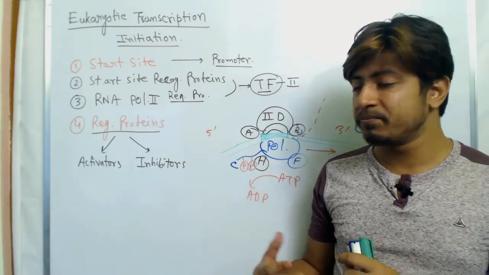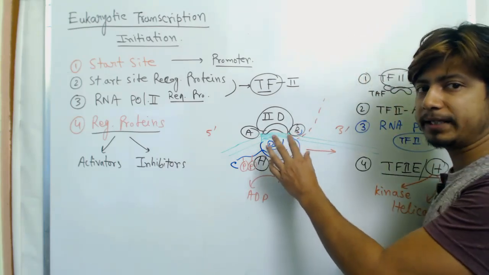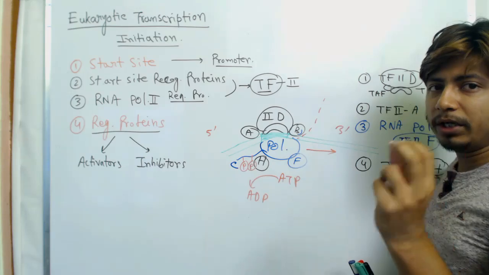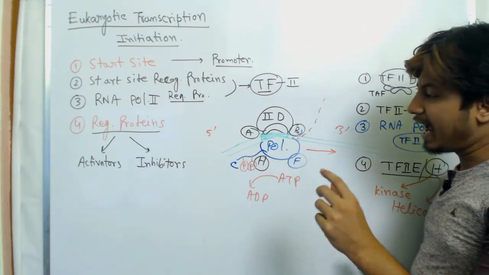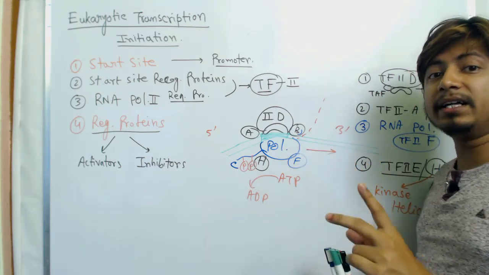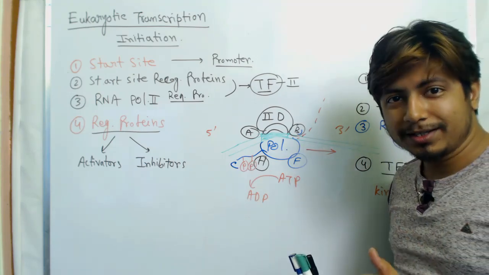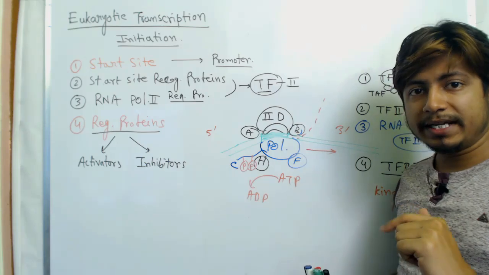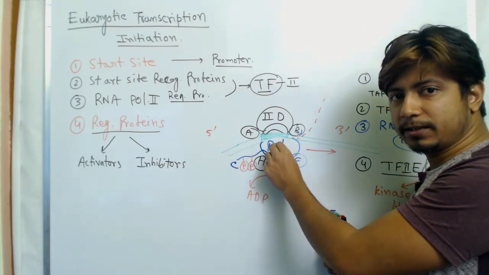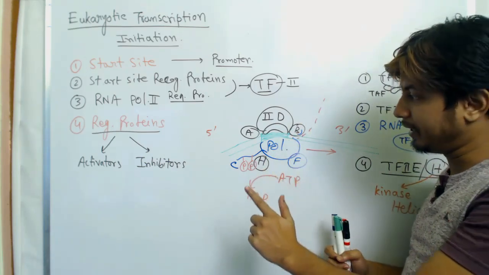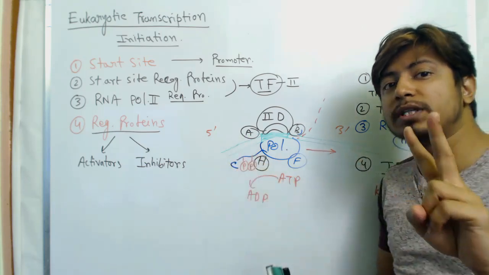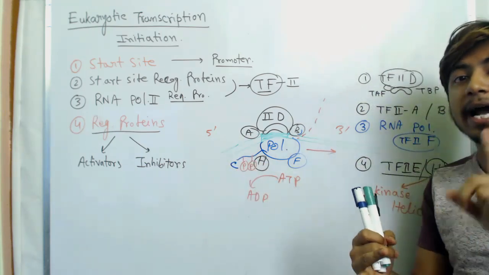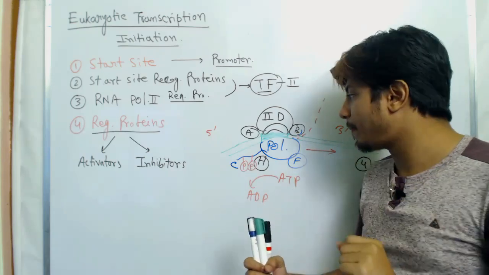So now let's talk about it, because while the polymerase is in place at the promoter, the regulation needs to be done, and the regulation is done by either an activator or a repressor. Both activator and repressor can bind with the polymerase. Along with that, they can also bind with some DNA element. So it has two separate binding sites, a DNA binding site and a polymerase binding site.